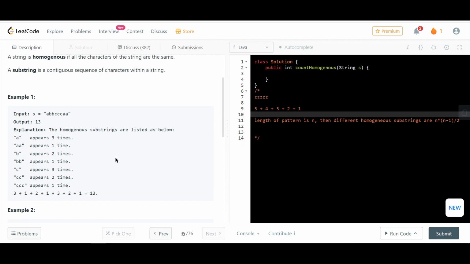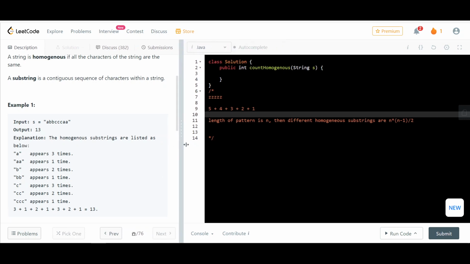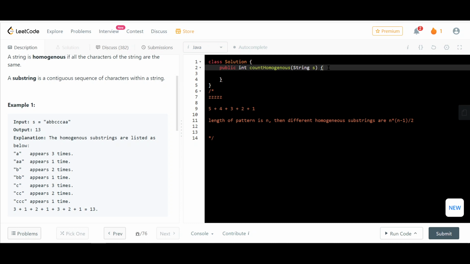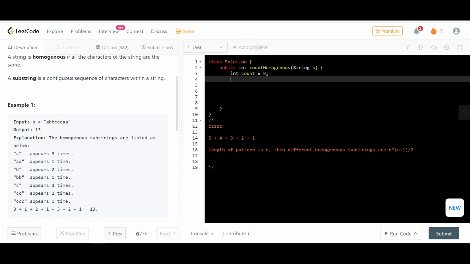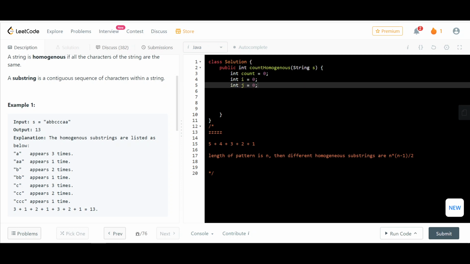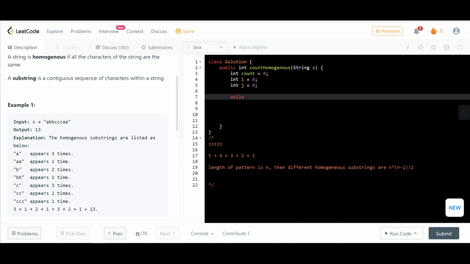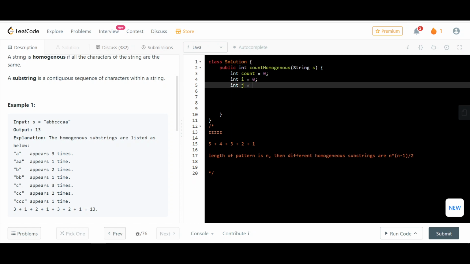So that is fine. Now we need to find all of these different patterns, which is quite basic again. You see when your character differs, nothing else. So you do a loop. One is your initial count equals 0, and then maybe we have two pointers, I equals 0 and J starts with 0 as well, or maybe J starts with 1.